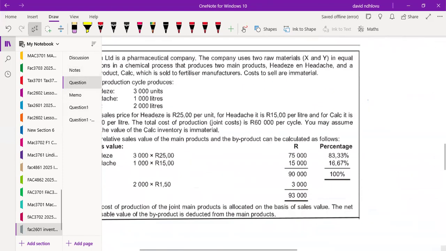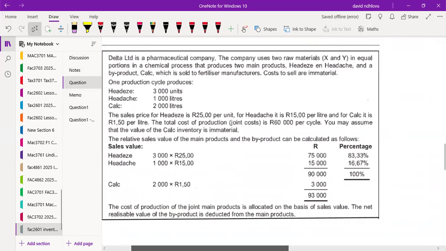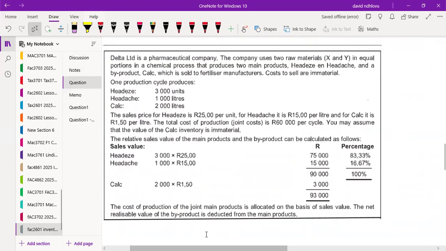Right, I've got a question here. Right, it says that Delta Limited is a pharmaceutical company. The company uses two raw materials, X and Y, in equal proportions in a chemical process that produces two main products.